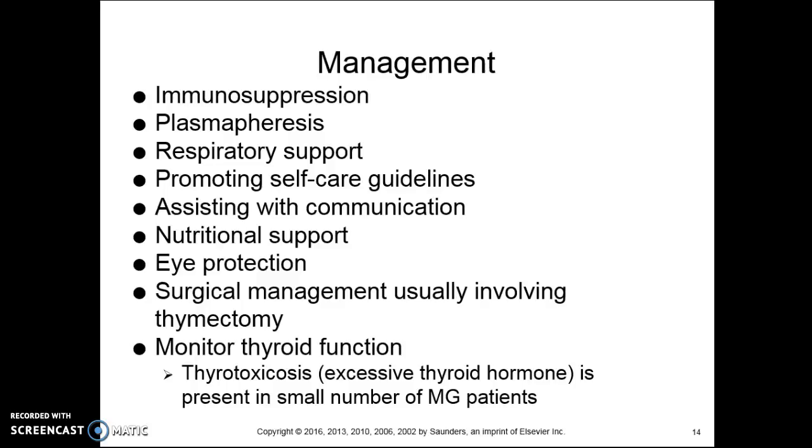If it's more milder forms, promoting self-care guidelines, which are listed out in your book, things that we want to help the patient be able to do on their own, assisting with communication if they need it because of the muscle impairment. Again, nutritional support. So a lot of the stuff that we just talked about with GBS, it can be used with MG as well. Eye protection, so with both we had that as well with eye protection.